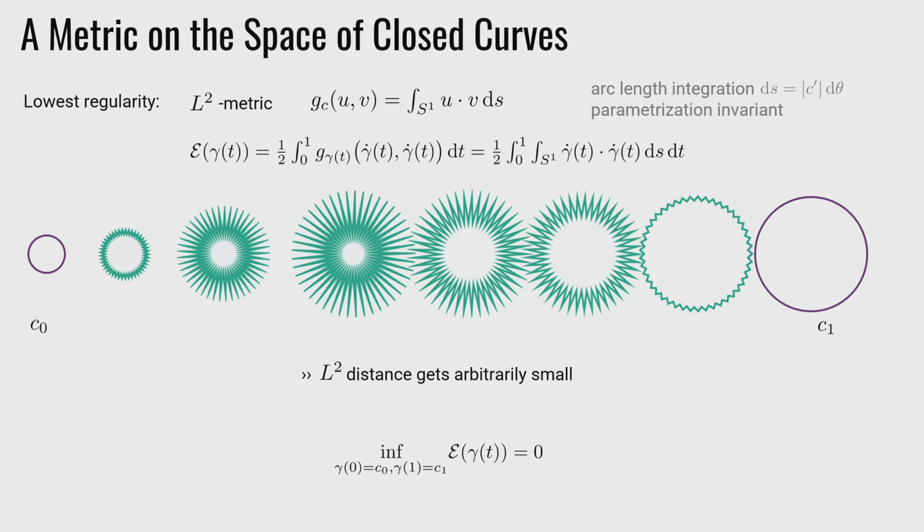And now you maybe wonder, okay, this is probably not a useful choice. So what can I do about this? The basic idea is that the L2 metric is not introducing much regularization of your path. So actually deforming a normal direction of your path is kind of cheap.